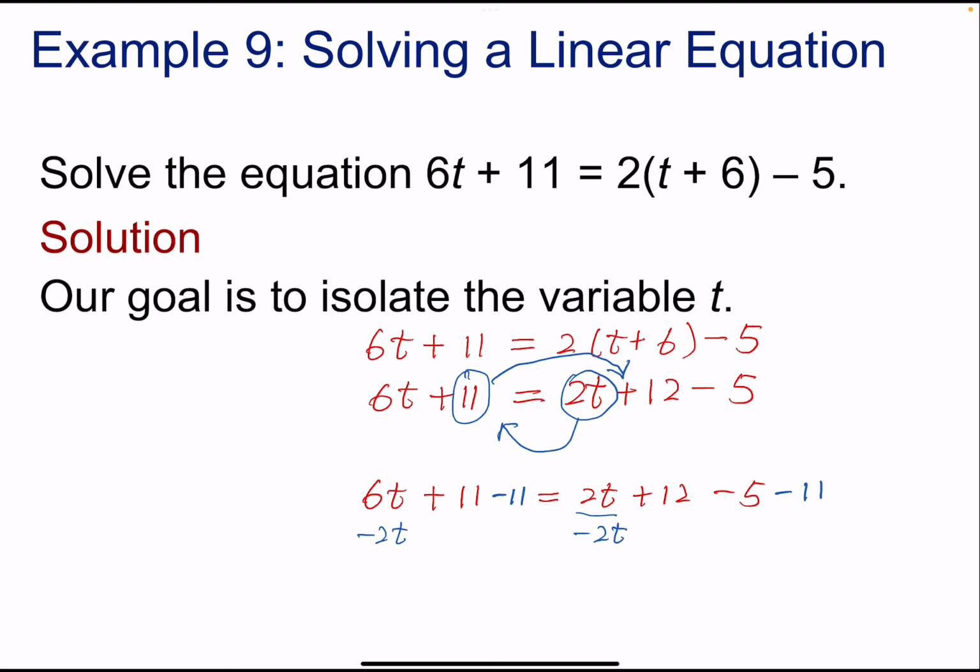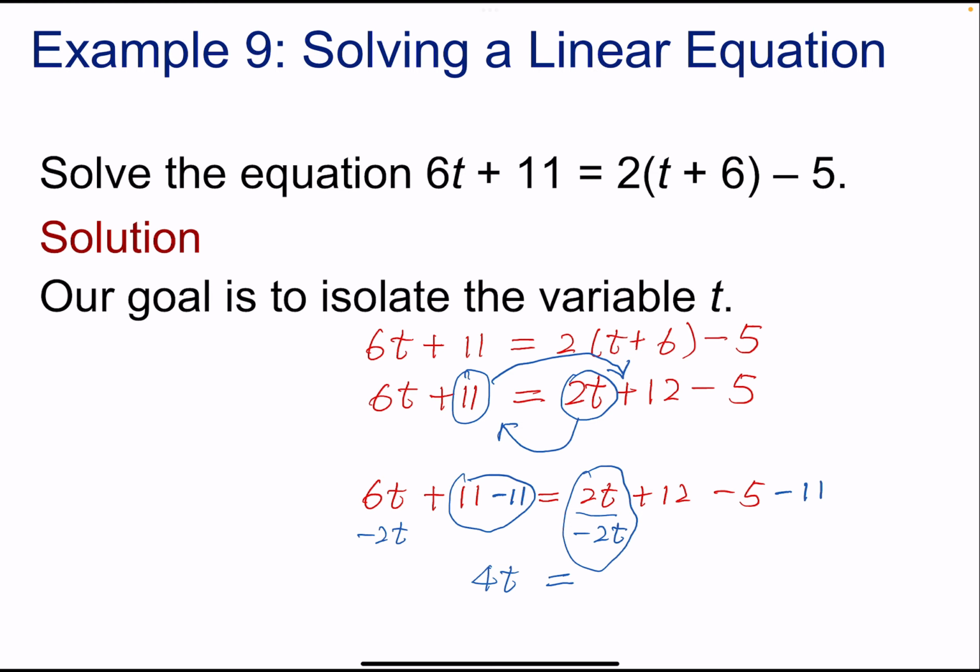So now you see that 11 minus 11 becomes 0, 2t minus 2t becomes 0, and I have 6t minus 2t, that's 4t left on the left-hand side.